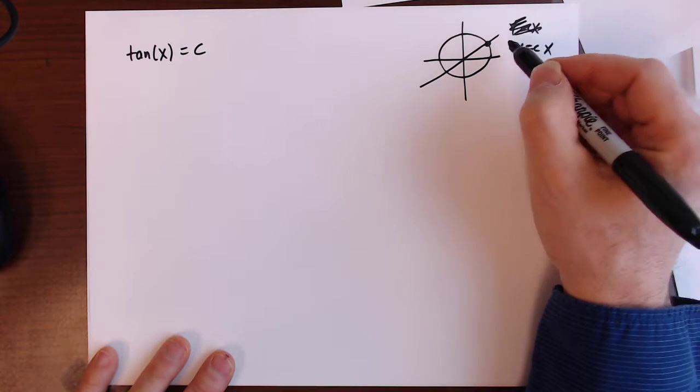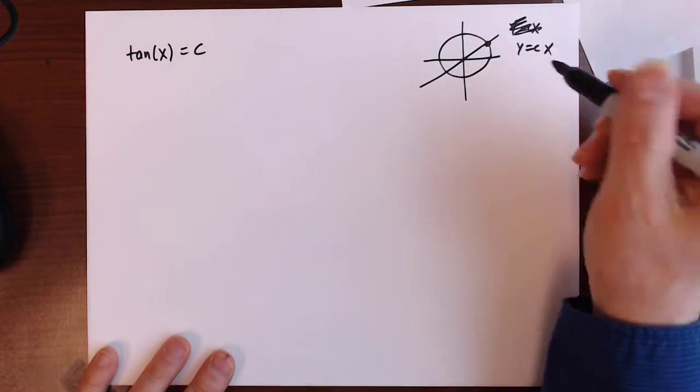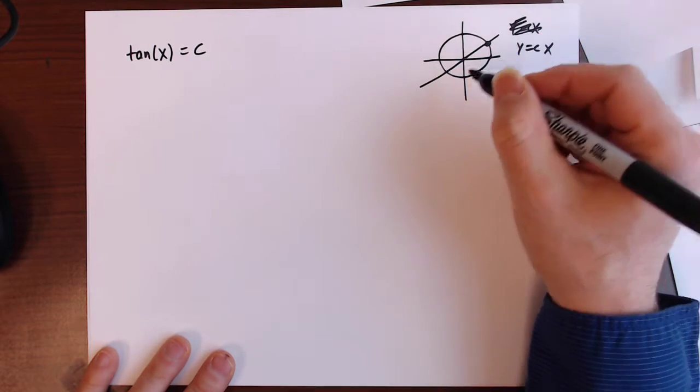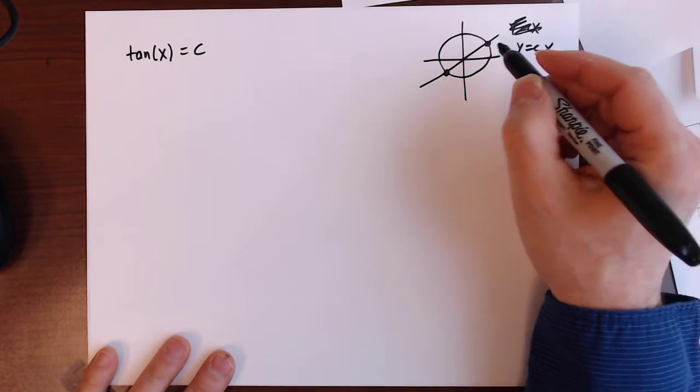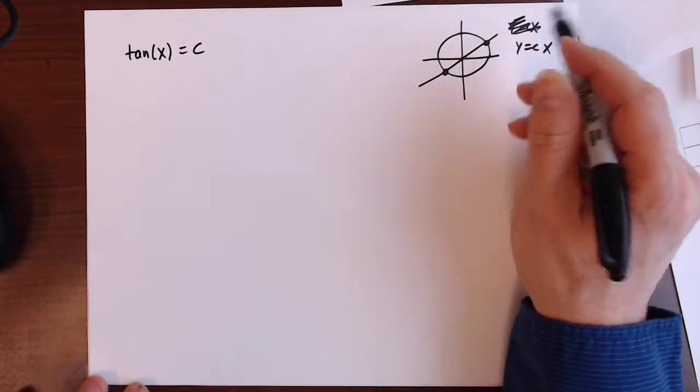And the inverse tangent is always going to give us an angle in, pause it and tell me, quadrant 1 or quadrant 4. But there's this other angle. How do we find it? Well, it's just the angle on the other side of the circle. So this is pretty easy to find.